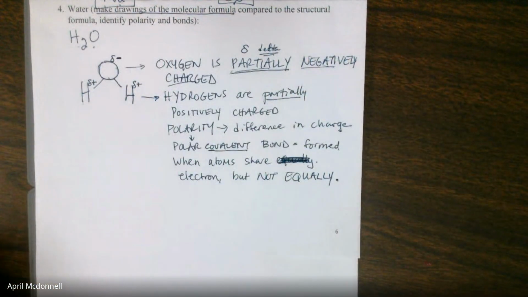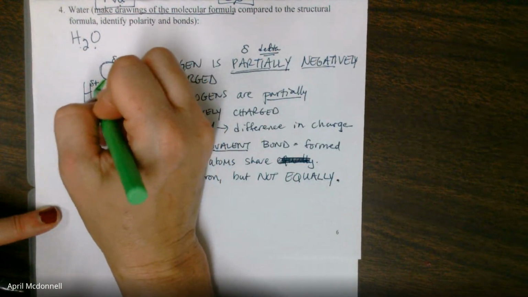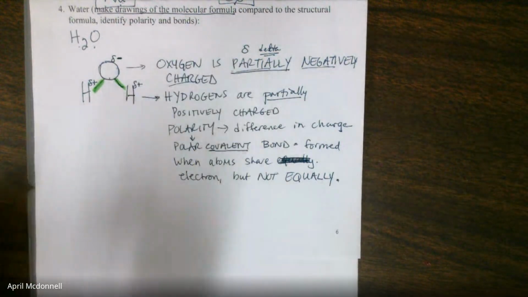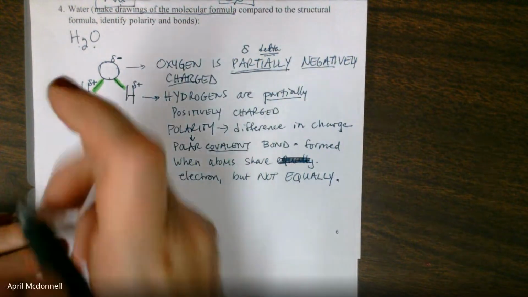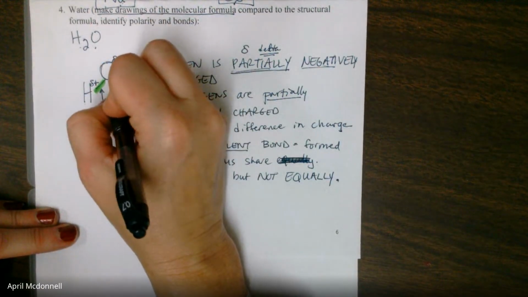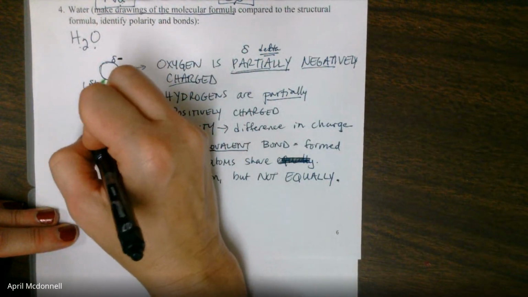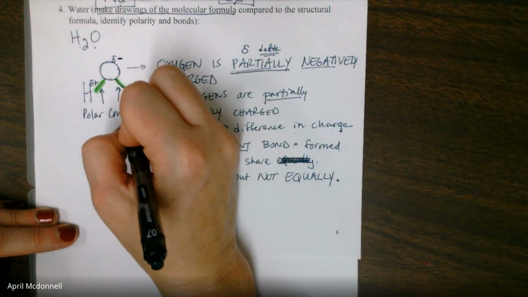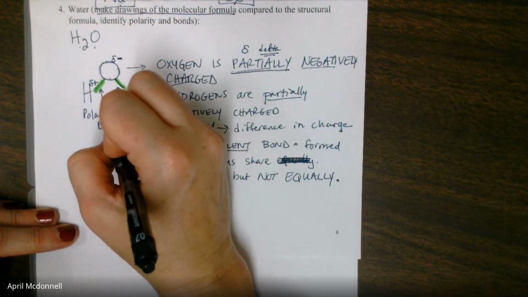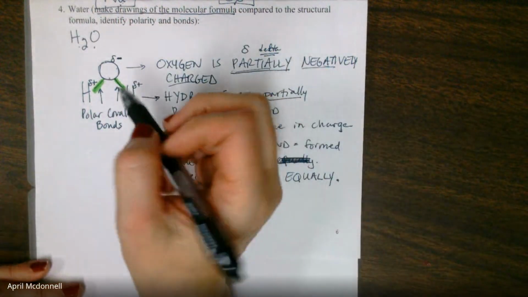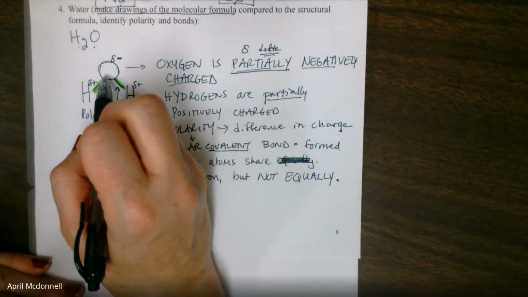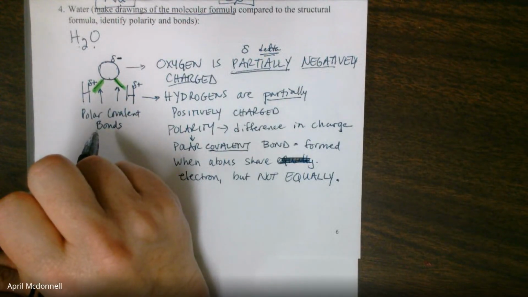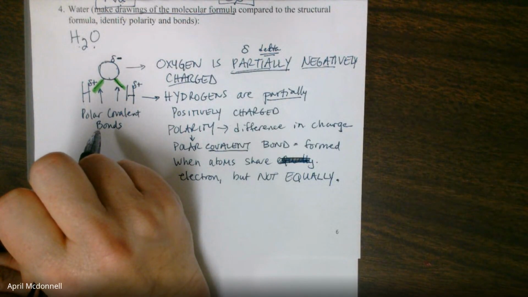So let's go ahead and use a highlighter and highlight the polar covalent bonds, which are indicated by a solid line. So the polar covalent bonds are between the oxygen and the hydrogens within the water molecule.